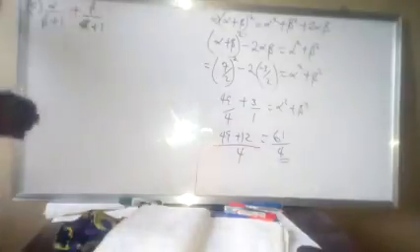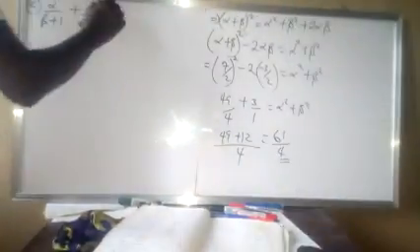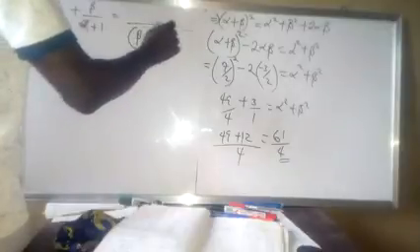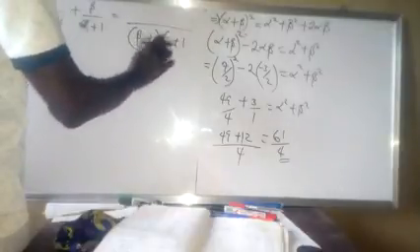Okay, so how do we go about this? Let's find the LCM first. The LCM will be beta plus 1 multiplied by alpha plus 1.